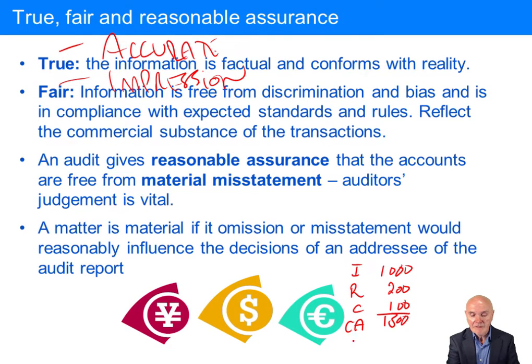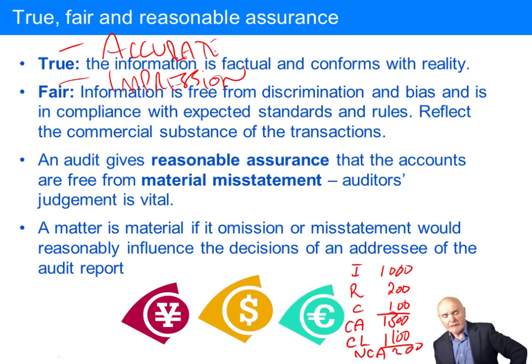And let's say on the other side of the statement, you have current liabilities sitting at, let's say, 1,100, and therefore you'd have your net current assets, or your working capital, at 200. Now, most people would look at that and get worried, because you have to pay within maybe the next 30 days 1,100 in your current liabilities.